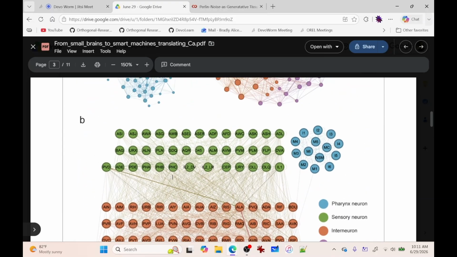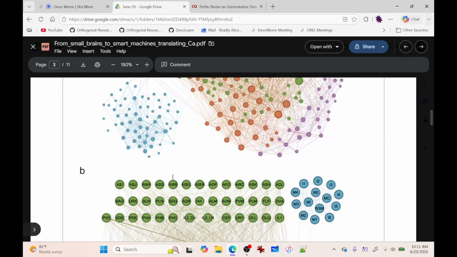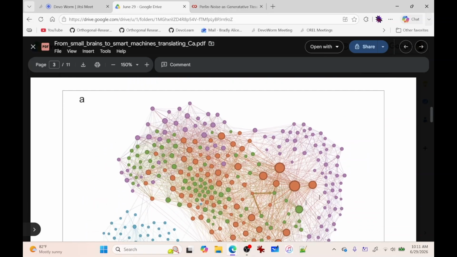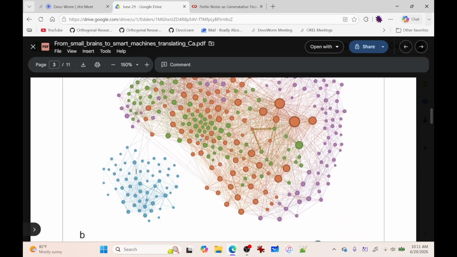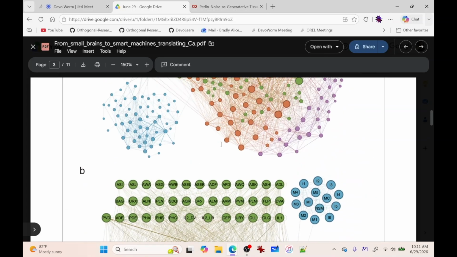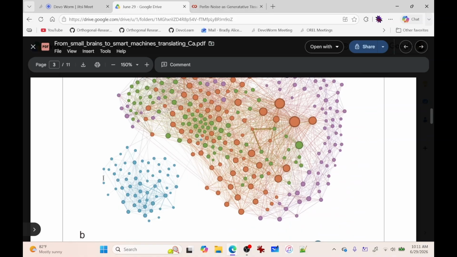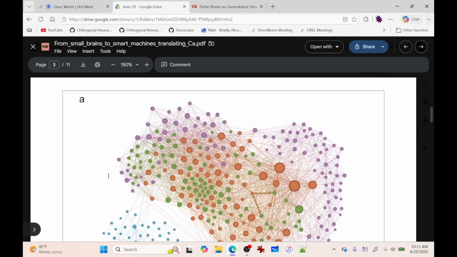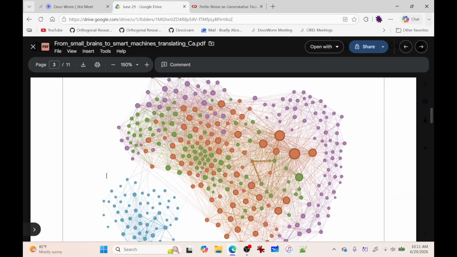This is a graph that shows, I guess, the connectome here of C. elegans. And it just talks about these different connections that you see in the connectome. I don't think it provides an image of the reduced network, but just imagine that all of these nodes are reduced down to a smaller set.